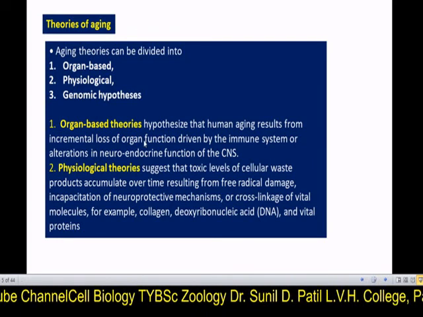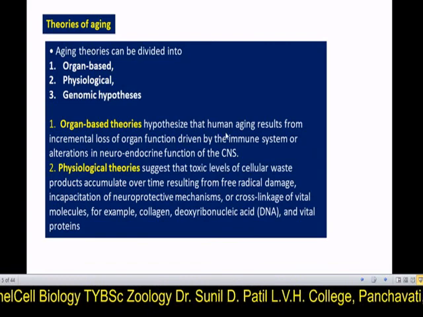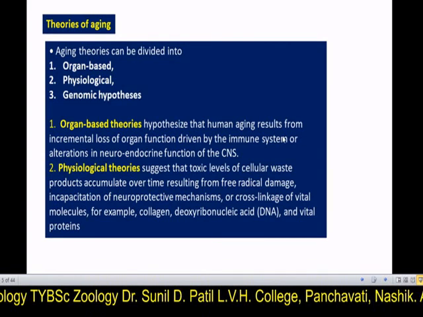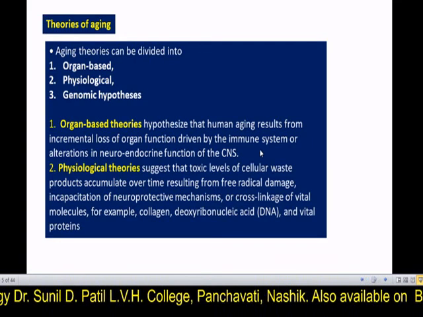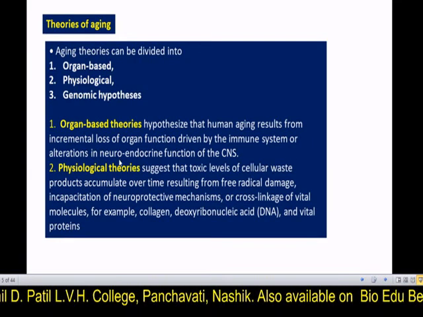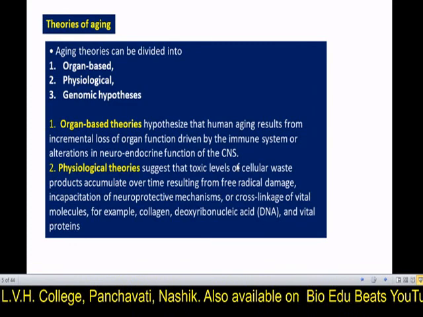The organ-based theories hypothesize that human aging results from incremental loss of organ functions driven by the immune system or alteration in neuroendocrine functions of the central nervous system.